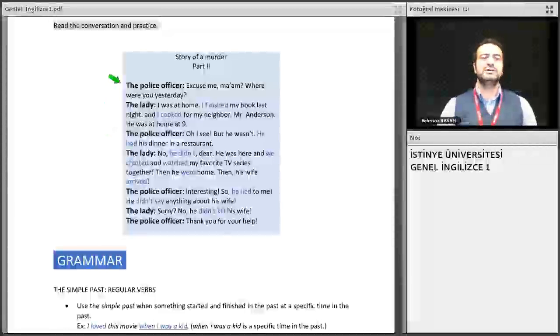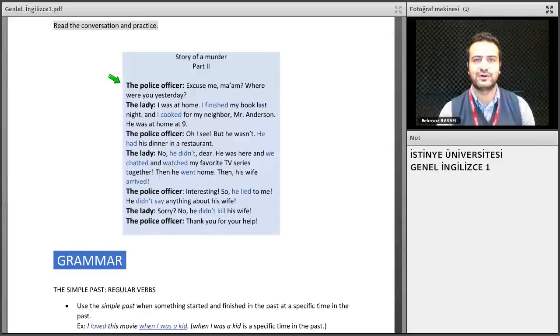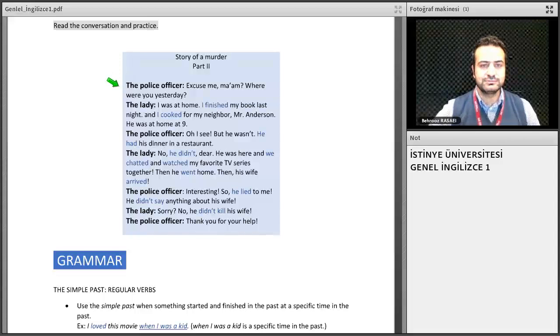So, the police officer is still trying to find the murderer. So, the police officer starts. Excuse me, ma'am, where were you yesterday? The lady says, I was at home. I finished my book last night and I cooked for my neighbor, Mr. Anderson.